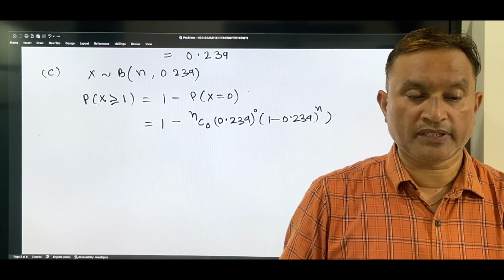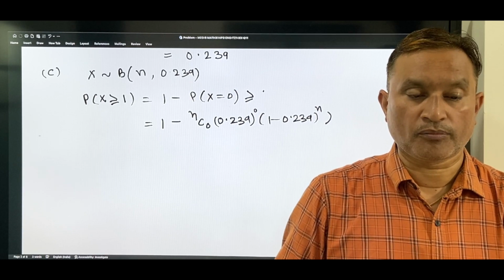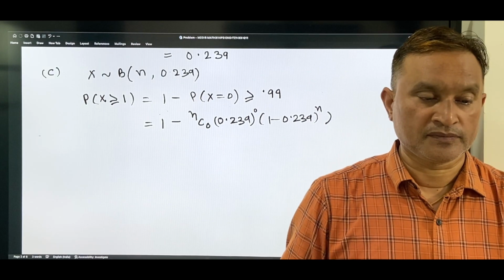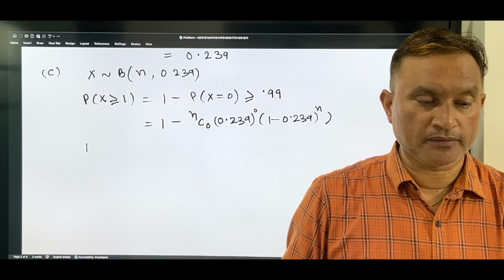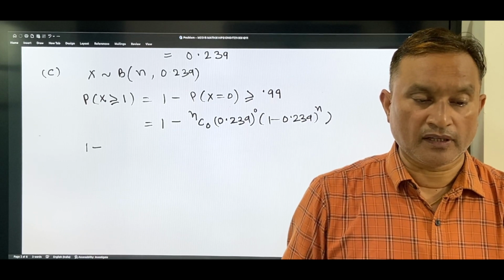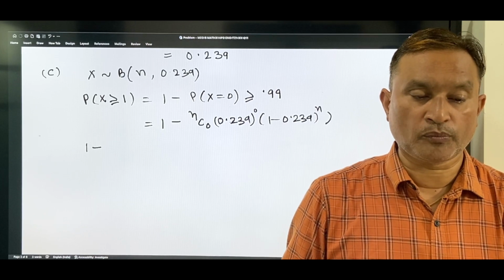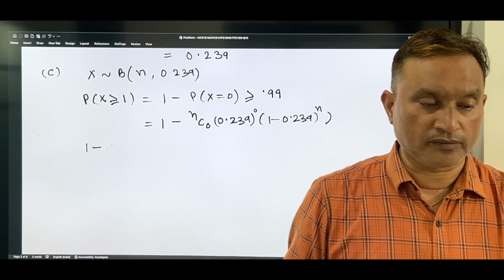And this probability is greater than 0.99 because 99%. So we can write 1 minus nC0, whose value would be 1, and 0.239 raised to the power 0 would be 1.